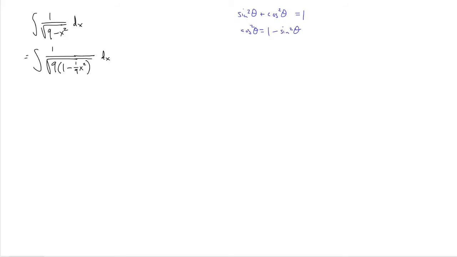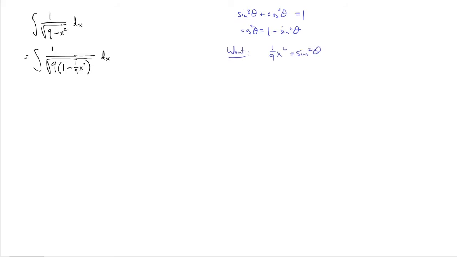In particular, we can factor a 9 out of the part underneath the radical there. 9 minus x squared is the same thing as 9 times the quantity 1 minus 1/9 x squared. Check, distribute. 9 times 1 is 9, and 9 times 1/9 x squared is just x squared. And so we end up with, if you distribute there, 9 minus x squared. So we haven't changed anything by factoring out the 9.